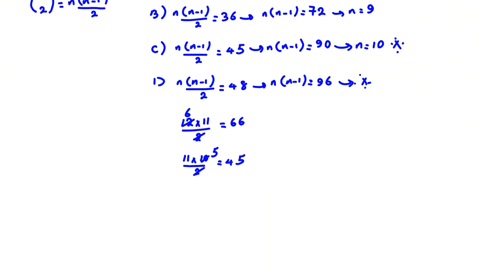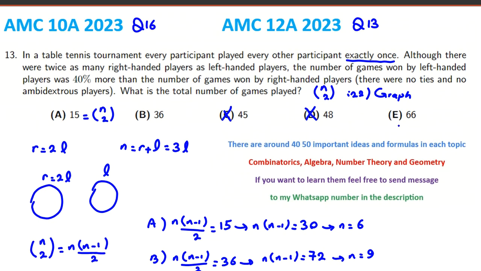Last one, choice E, 66. N times N minus 1 over 2 is 66, so N equals 12. Here N equals 9 and here N equals 6.